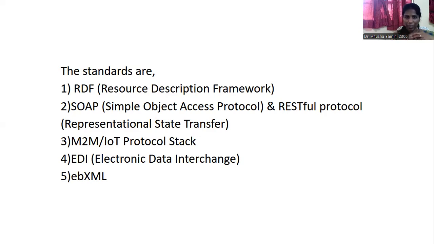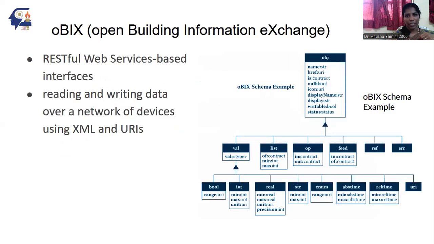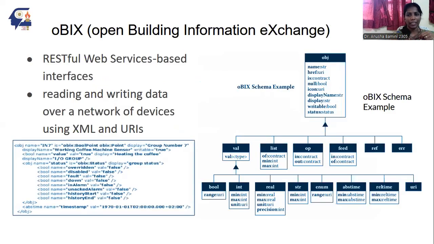So to transmit the data as well as access and accept the data, we need some set of standards, like the internet follows a set of standards like the ISO standard, 7 layers. Same thing, in Internet of Things also, we need 5 standards called RDF, SOAP, M2M and IoT protocol stack, EDI, then EBXML. These 5 standards are called unified data standards.